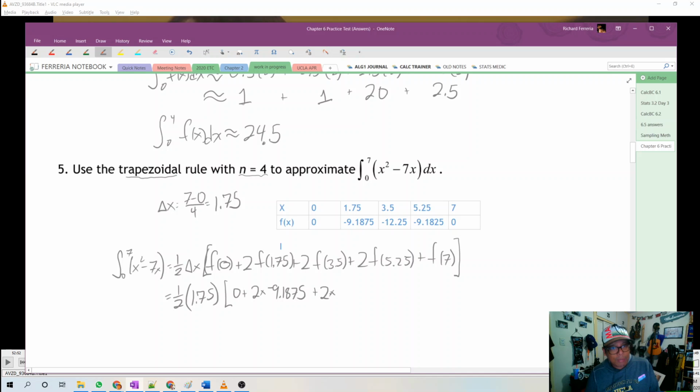Plus 2 times f of 3.5, which was negative 12.25, plus 2 times f of 5.25, which is negative 9.1875. I'm just reading it from the chart. Plus f of 7, which is 0. And now all you have to do is calculate this.